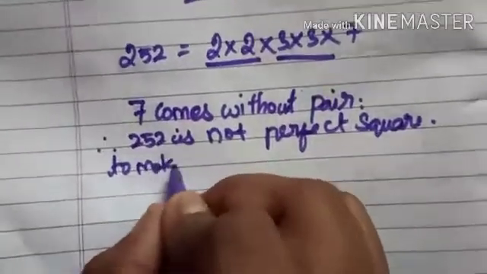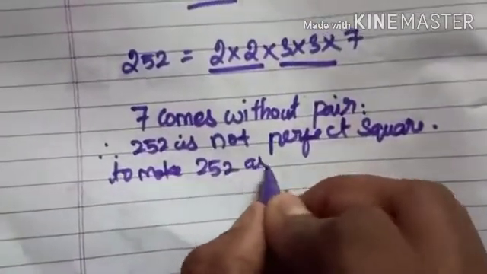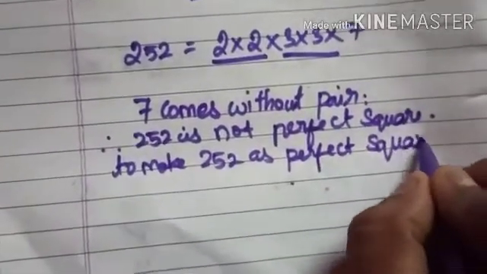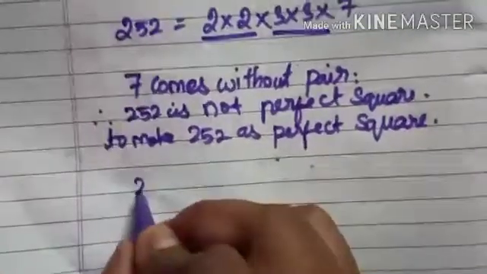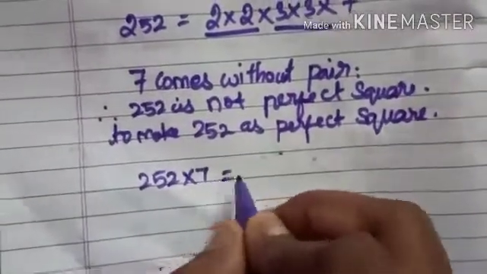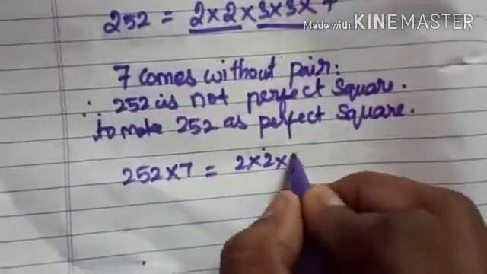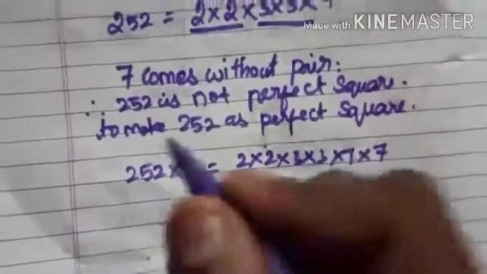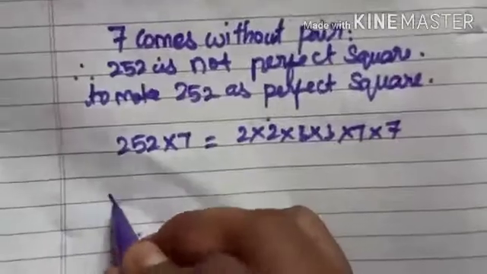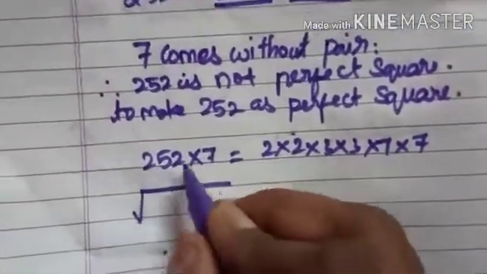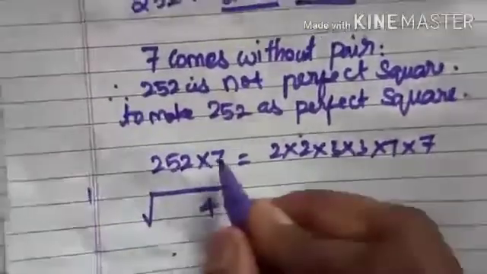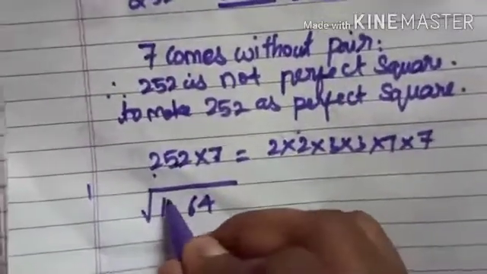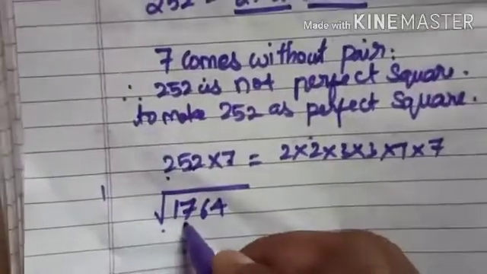To make 252 a perfect square, you need to multiply one more 7. Now you take the square root. Multiplying, 252 times 7 is 1764.